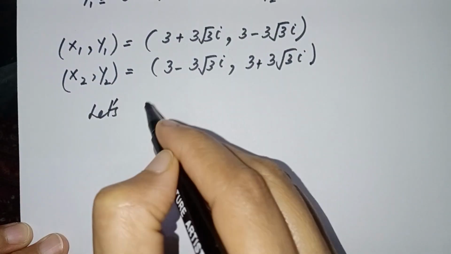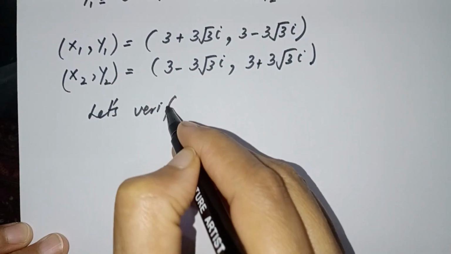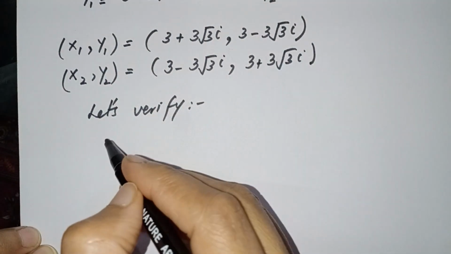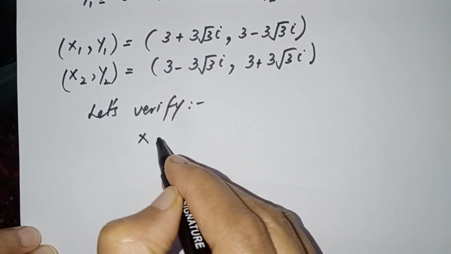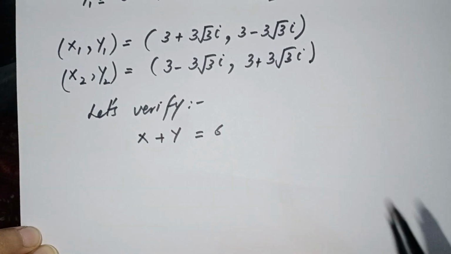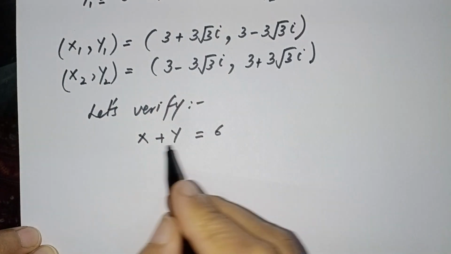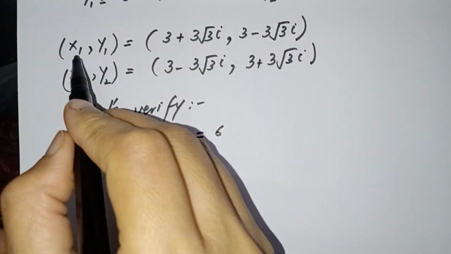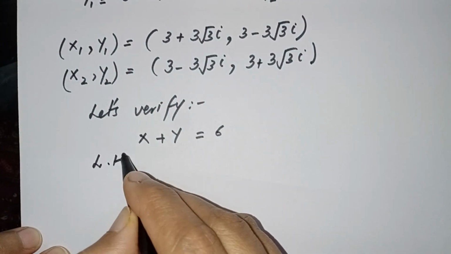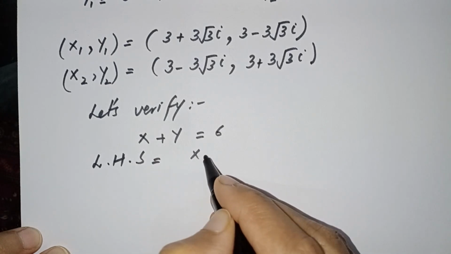Now we will verify. Let's verify. We will use our previous equation, the given equation, and we will plug in the values of x1 and y1, and we will check x plus y is equal to 6. So plug in the values of x and y. We will use the first solution set. Left hand side is equal to x plus y.